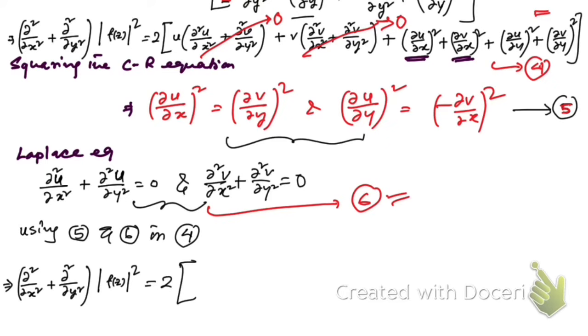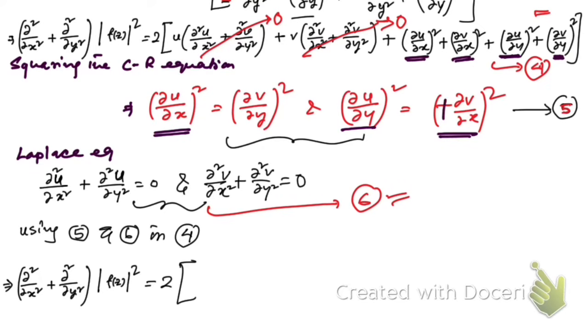Now here you see this del u by del y and del v by del y, those two can be replaced by del u by del x and minus del v by del x.